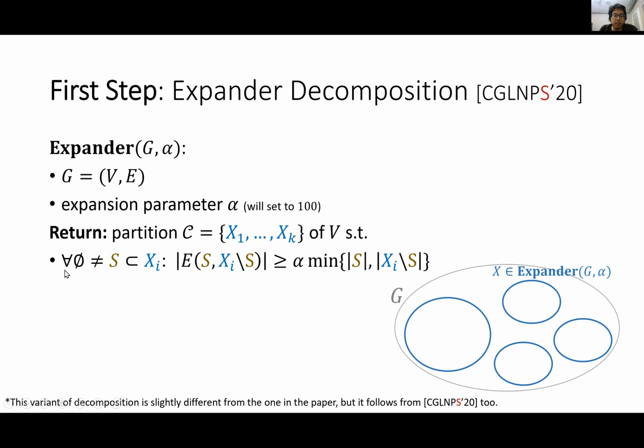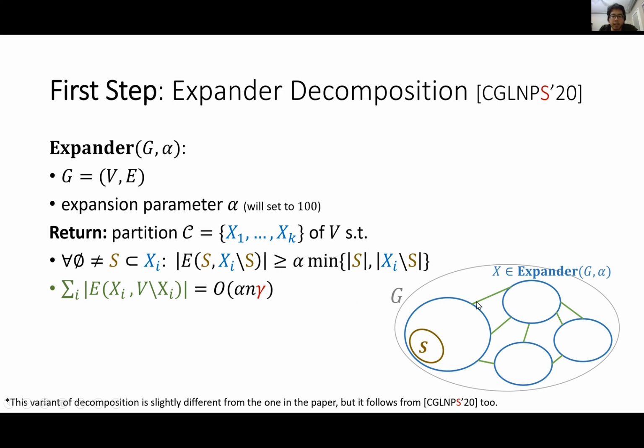And what we will have is that for each of the expanders X here, if you look at any cut S inside X, the number of edges crossing the cut will be at least alpha times the minimum between S and X minus S. All right.